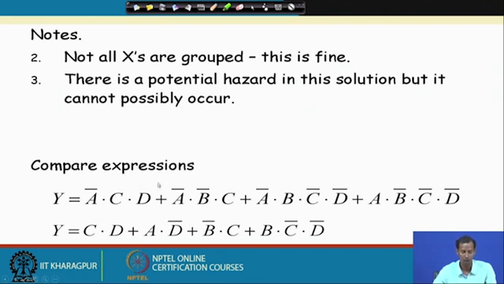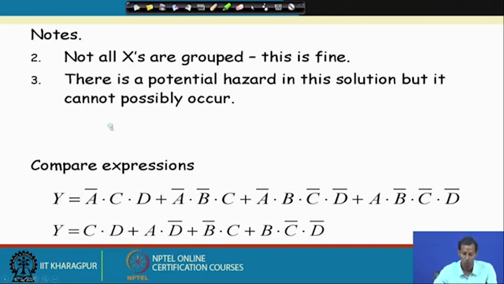So, if you compare these two expressions without considering the do not cares, and then consider the do not care, the two expressions are different. That means that because of considering the inverters over here, you may get a glitch in this particular expression.